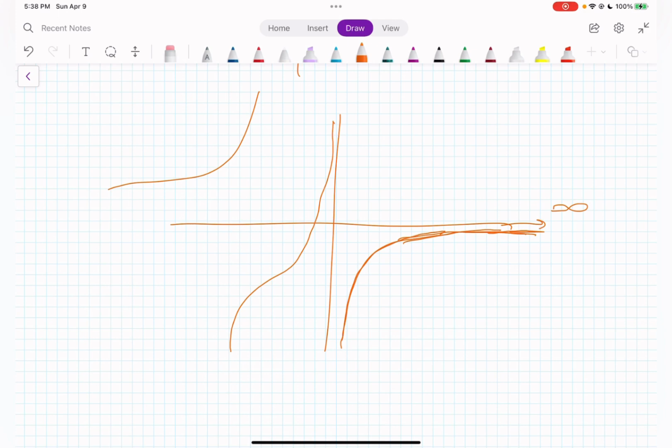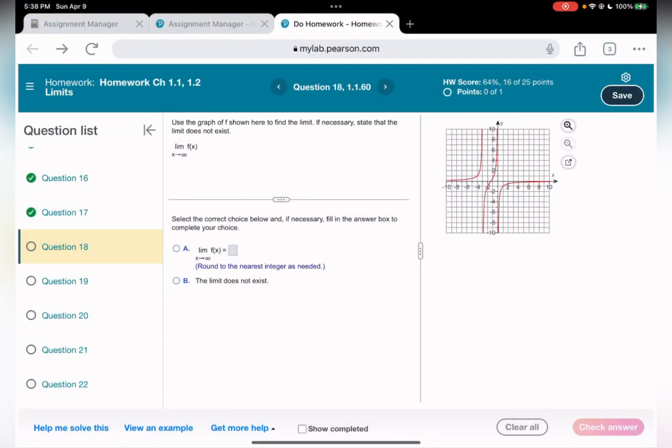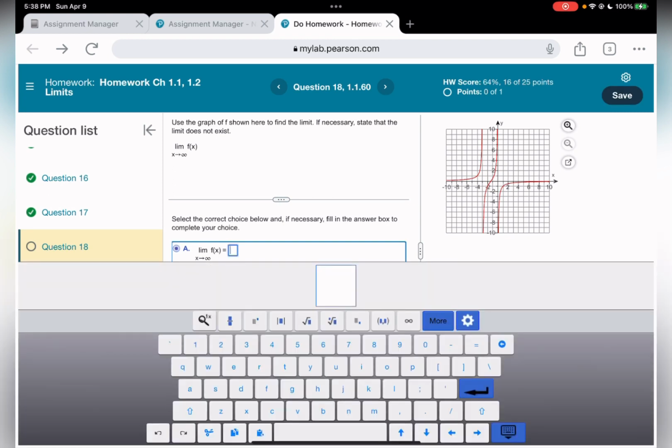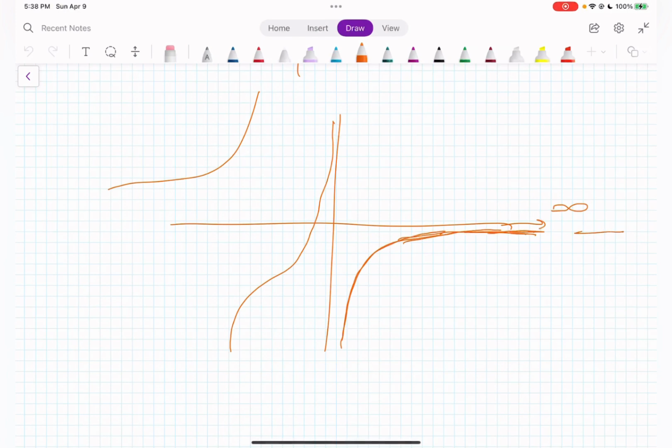So therefore, our value is going to be 0. And from both sides, from the left and from the right, look, if I come from this side, it's still going to go to 0.